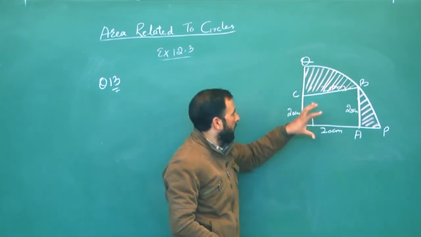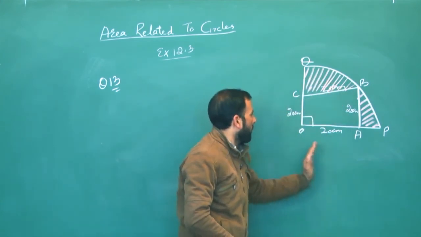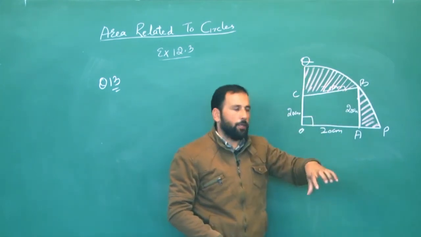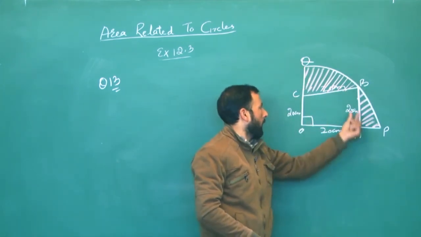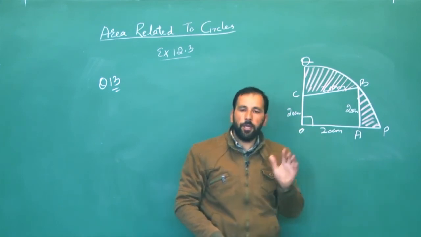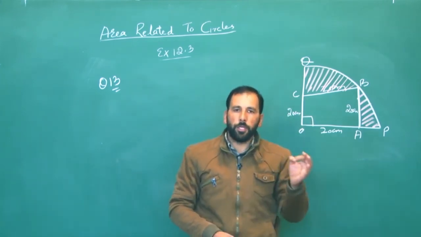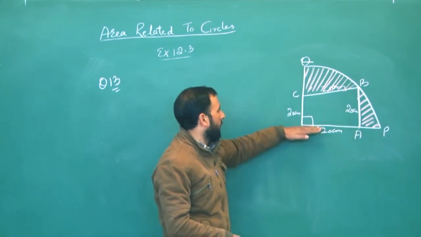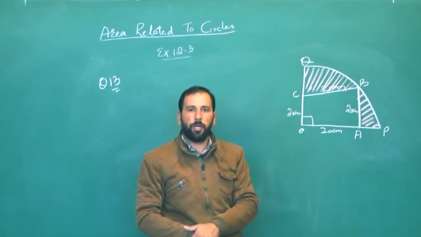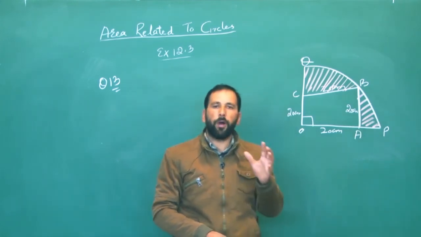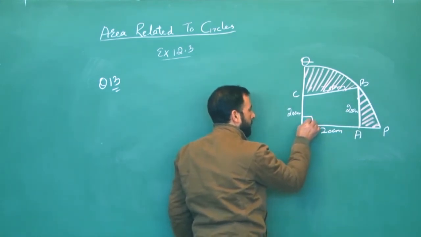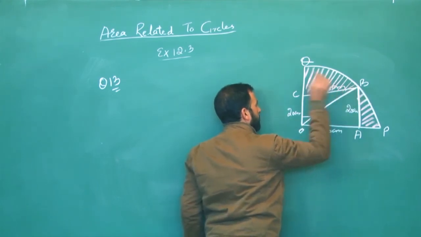So the area of the shaded region can be found as area of the quadrant OPBQ minus area of the square OABC. But the area of a quadrant is theta divided by 360 into pi r square. Theta is clearly here 90, but the radius of the quadrant is not given here. How to find out the radius? Clearly we can join O to B, this OB.